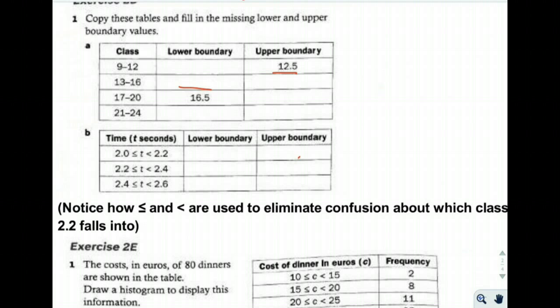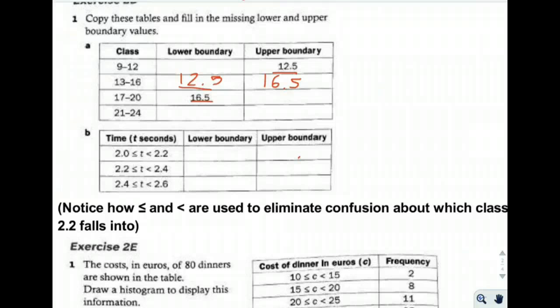So if the upper boundary is 12.5 of this class, the next lower boundary is also going to be 12.5. Or if this is 16.5, then this is also 16.5. So the upper boundary and lower boundaries are going to be the same value.